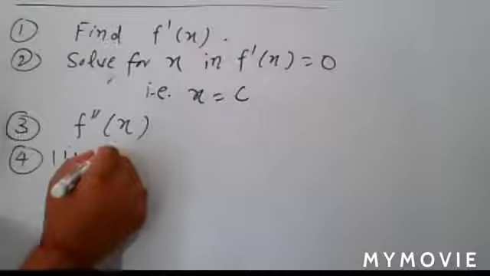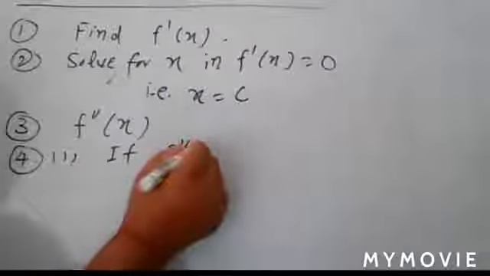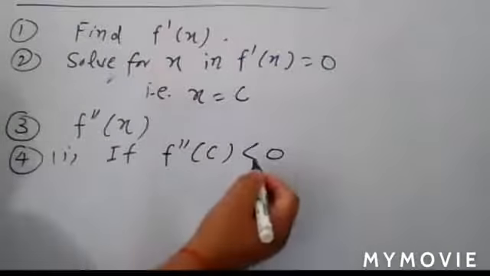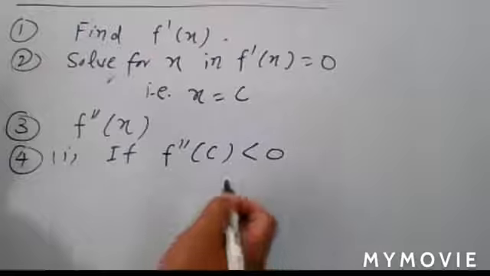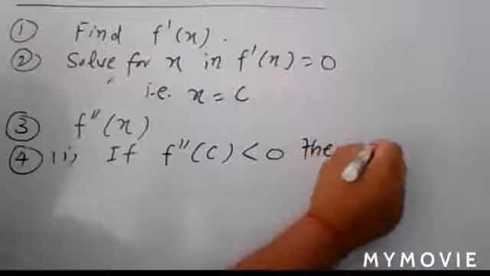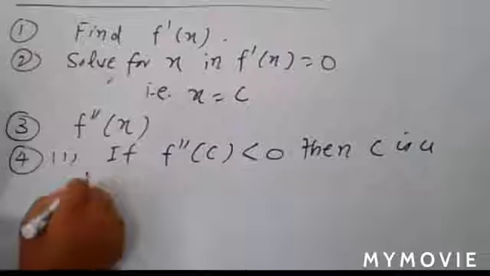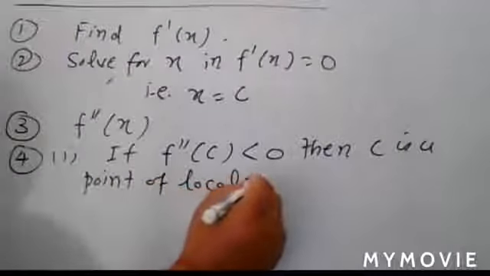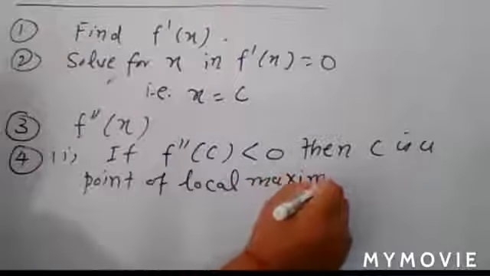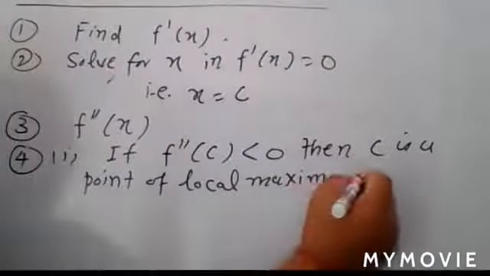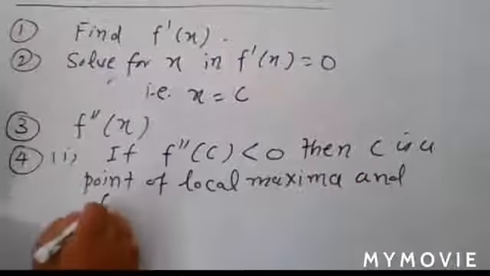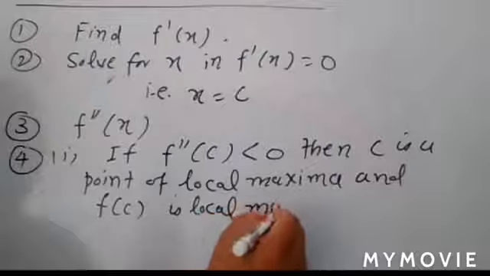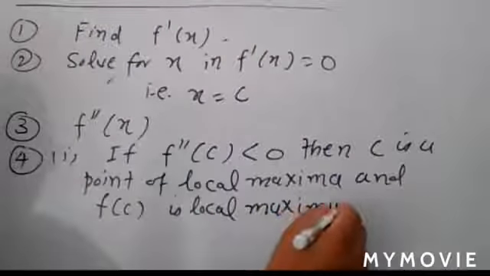In the first case, if f double dash c is less than 0, means negative, then c is a point of local maxima, and f of c is the local maximum value.